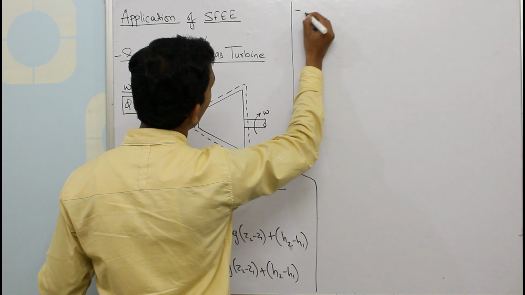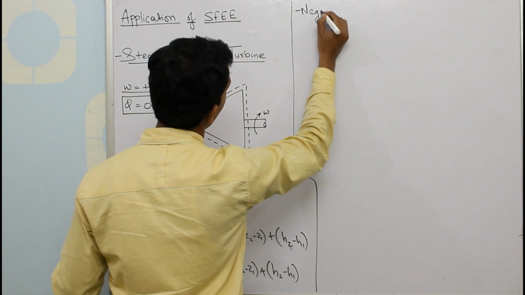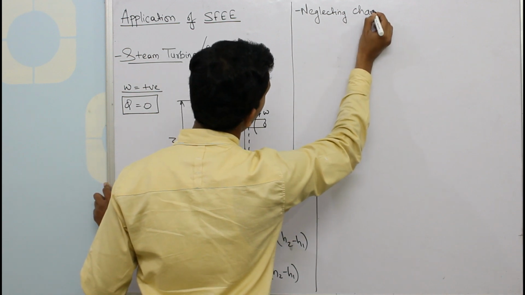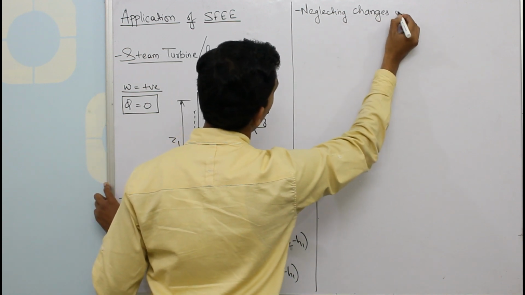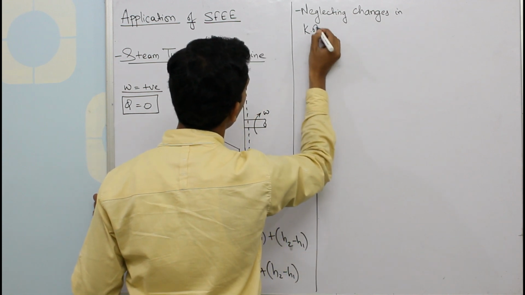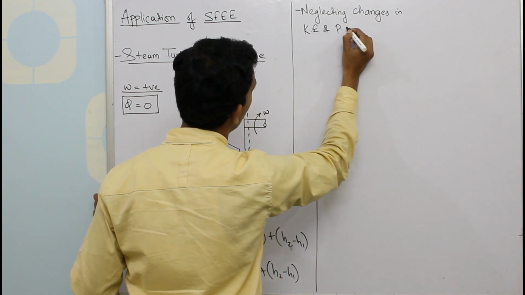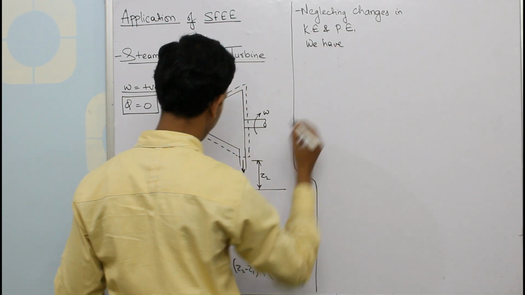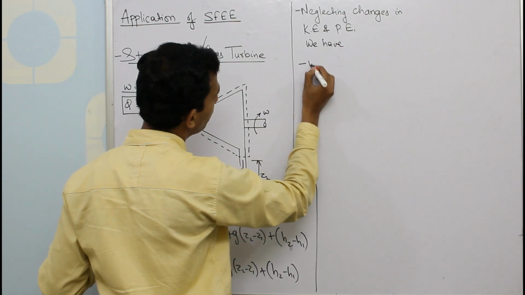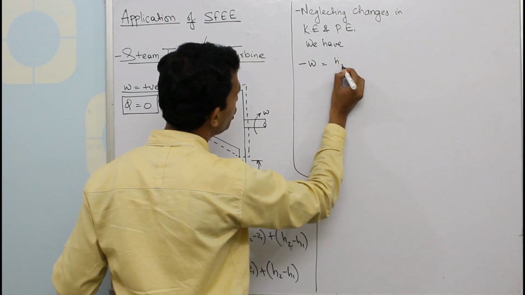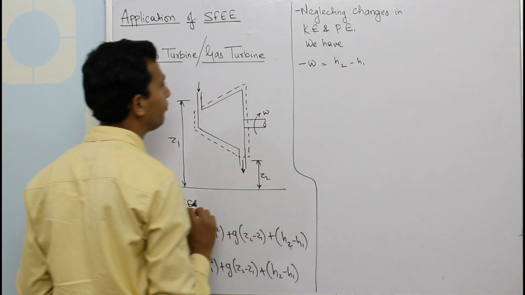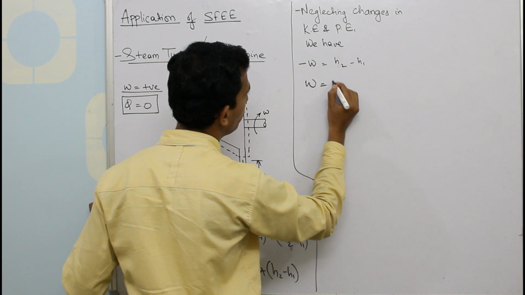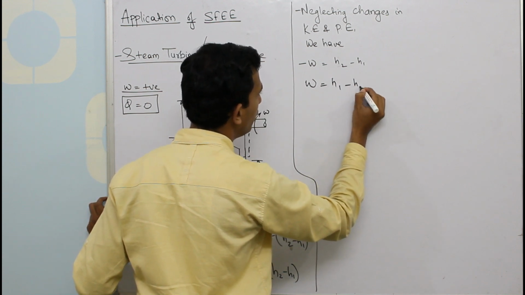So here I can write, neglecting changes in kinetic energy and potential energy, we have minus W is equal to H2 minus H1. Multiplying by minus 1 on both sides, we get W is equal to H1 minus H2.